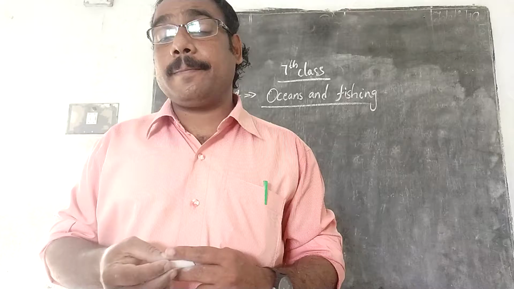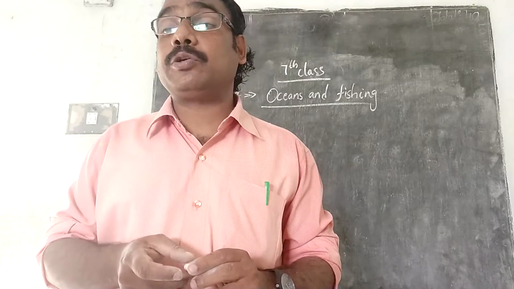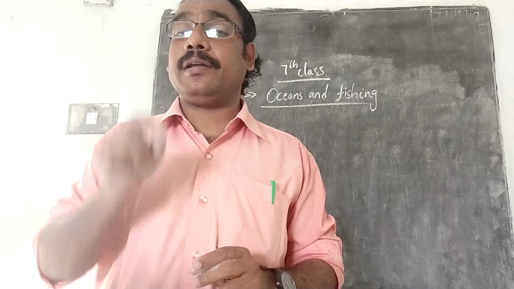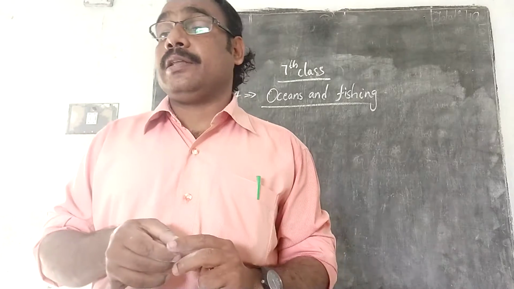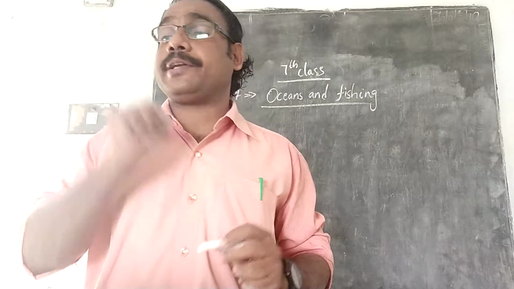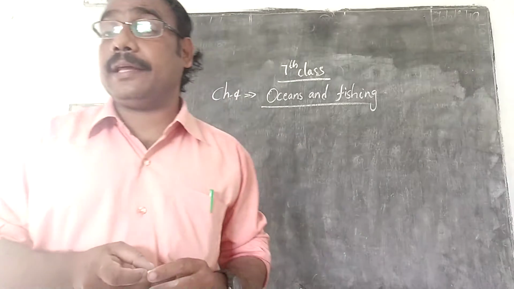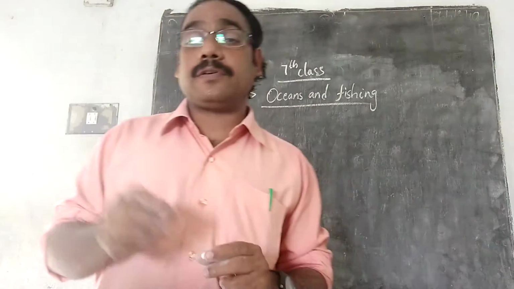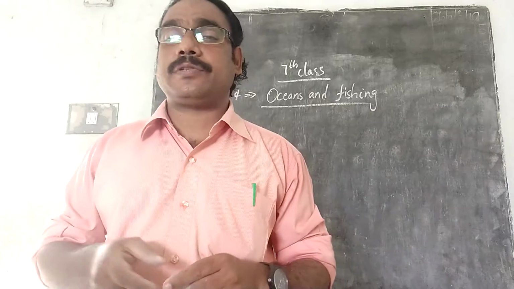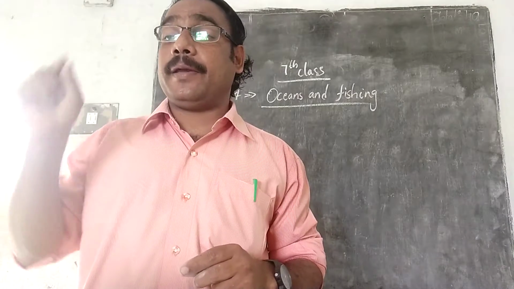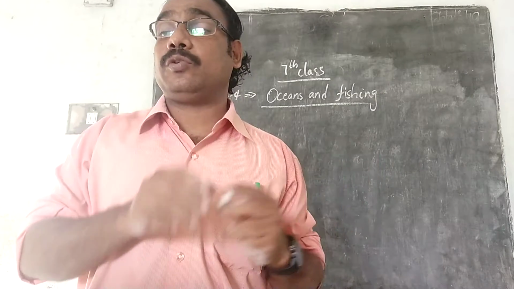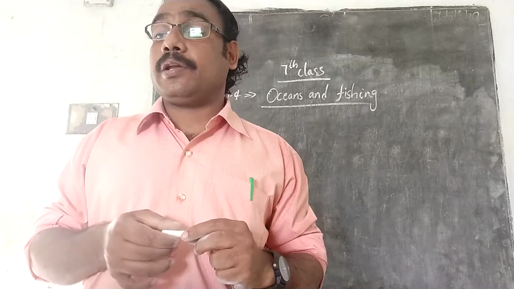The fishermen have a toolkit. The toolkit is a special set for repairing the nets. For fishing they use nets, so for repairing the nets they have one toolkit.